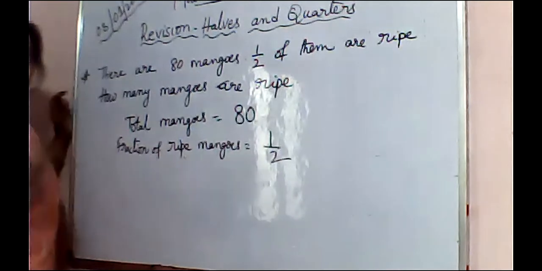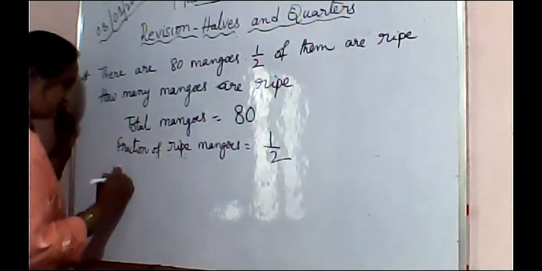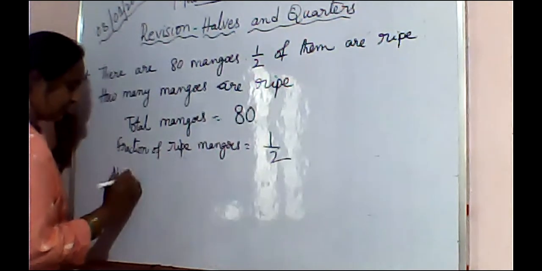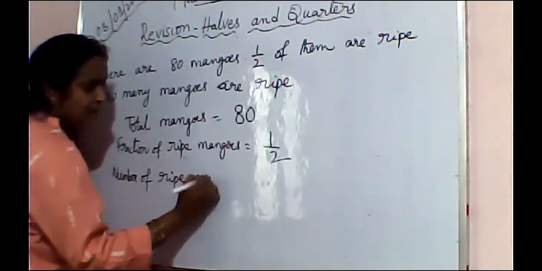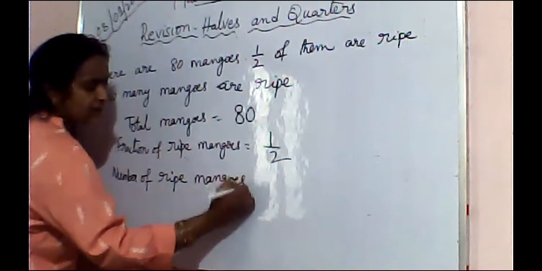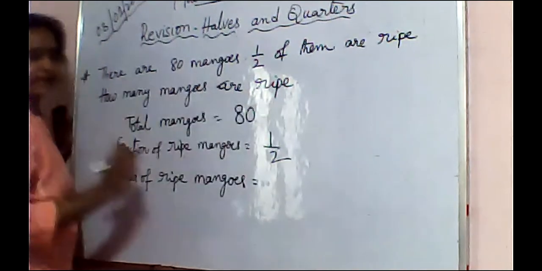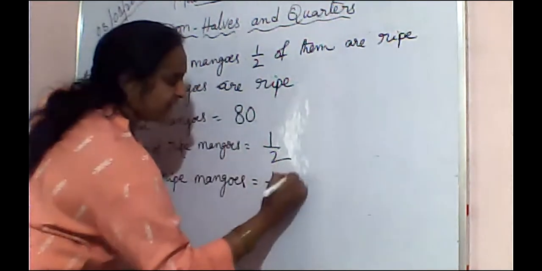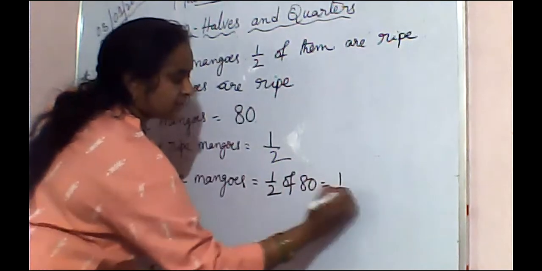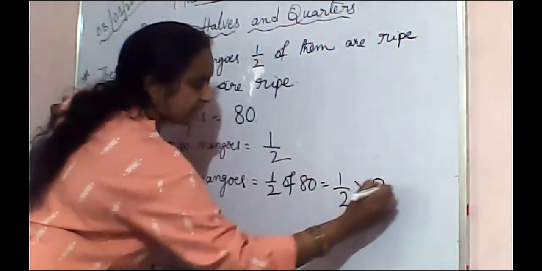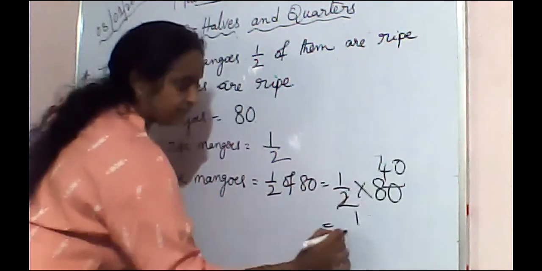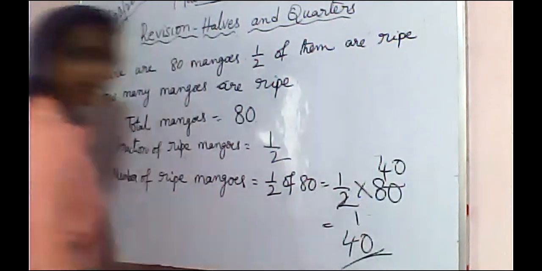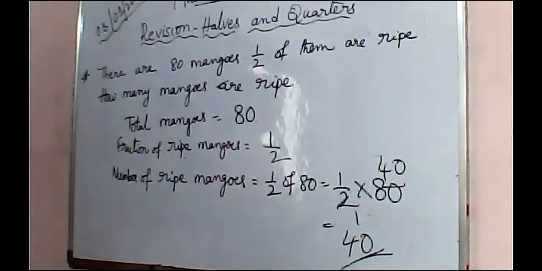We need the number of ripe mangoes. How can we calculate? Half of 80, so we will write half of 80. Half of 80 is 40. So 40 mangoes are ripe.